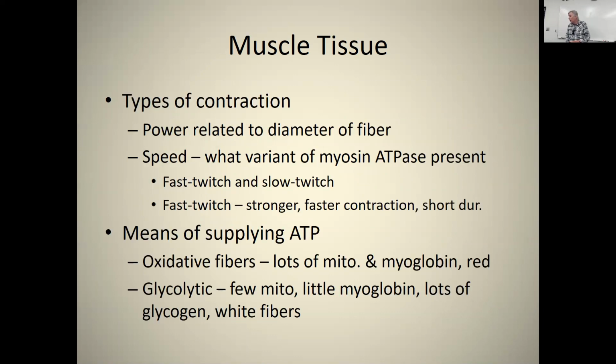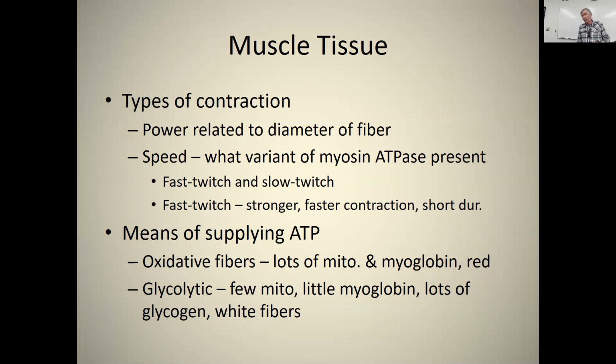Okay, types of contraction. Power is related to the diameter of the fiber. Bigger diameter fiber, more power that can be generated. Speed depends on what variant of myosin ATPase is present. So what we have is fast twitch and slow twitch myosin ATPases. Fast twitch is really rapid muscle contraction, and this uses anaerobic metabolism and glycogen and glycolysis.